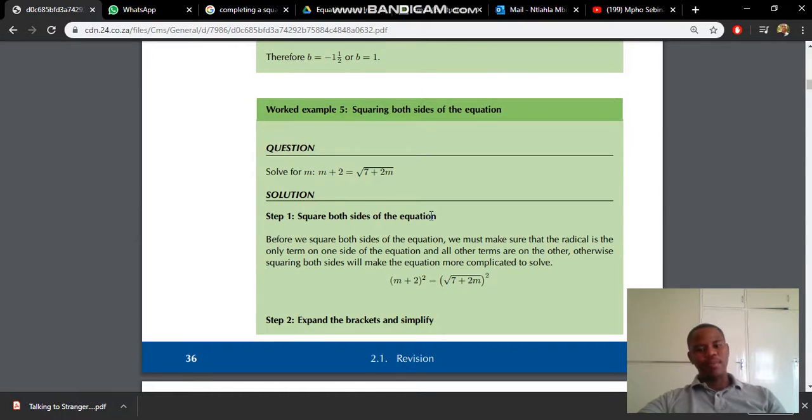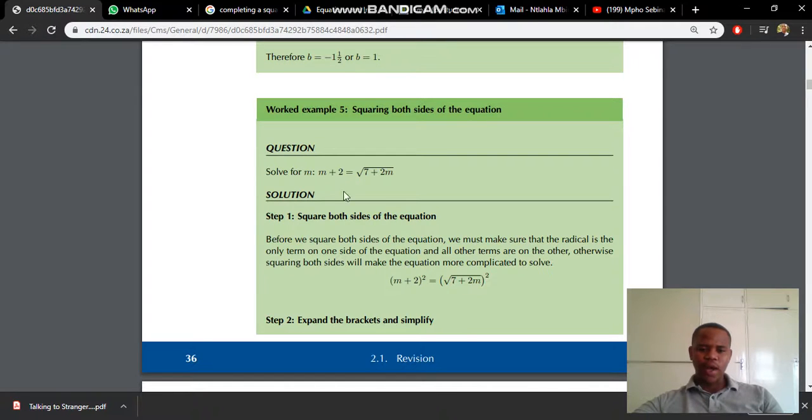Now let's look at example 5. Example 5 is going to show you why it's important to check your solutions. In example 5, you have m plus 2 is equal to that business, right? Now you have to put this in standard quadratic form.